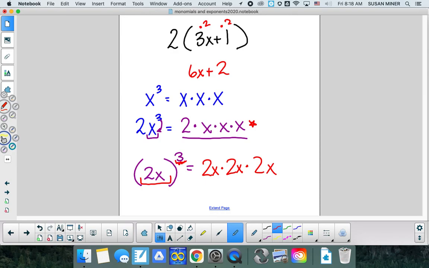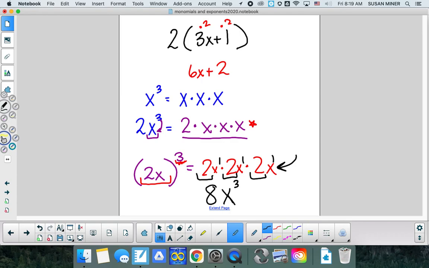And if we were to use the rules of multiplying exponents to simplify something like this, then this would be 2 to the third power x to the third power, because I would be adding up all of these exponents together. Or if this helps, what I'm doing is multiplying 2 times 2 times 2, so I would get 8.